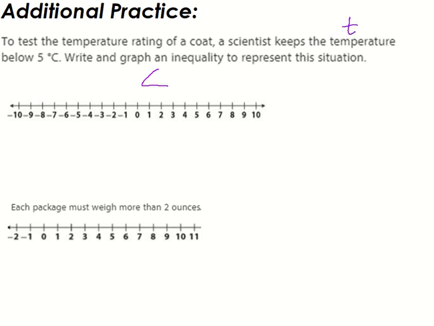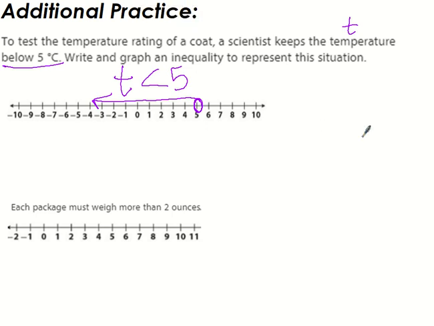We keep the temperature below 5 degrees Celsius. We cannot have it be equal to. All right, so we want the temperature to stay below 5 degrees Celsius. So there's my inequality. Because there's so many numbers that are less than 5, we have to graph it. So I start at 5. 4 less than 5, yes. So that's the direction my arrow is going to go.